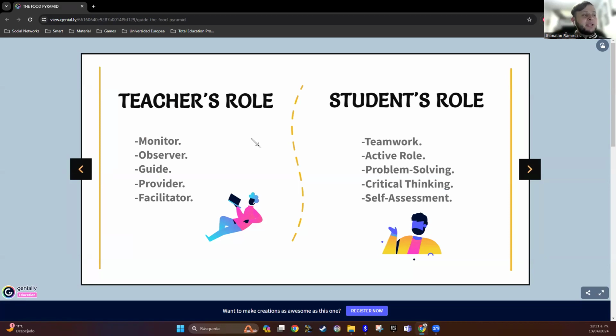And the students' role is the cognition, all the skills the students are going to develop during the implementation of this lesson plan. They will develop teamwork, active role, problem solving, critical thinking, and self-assessment skills, okay?